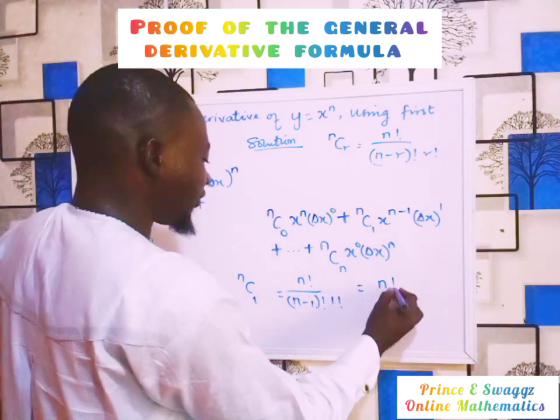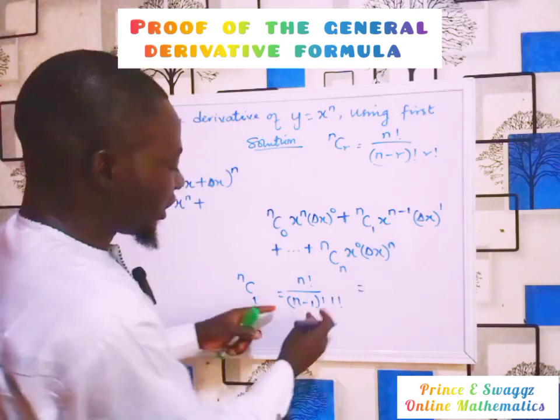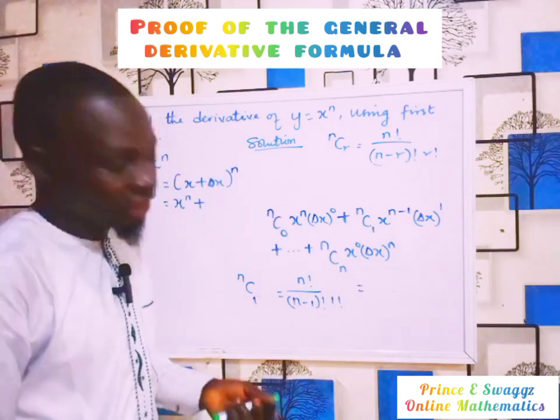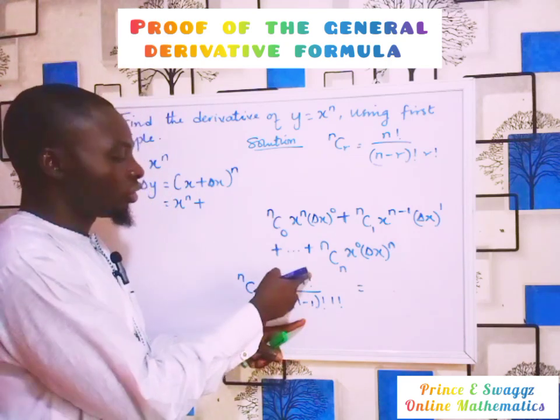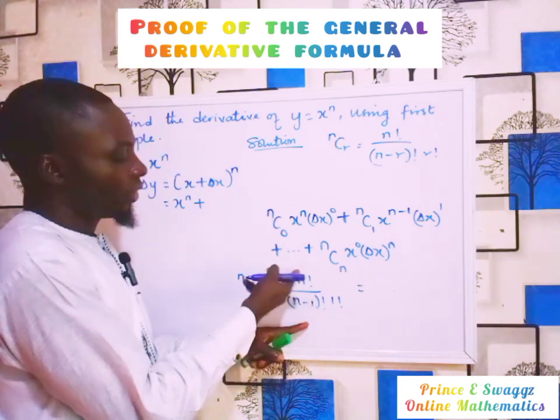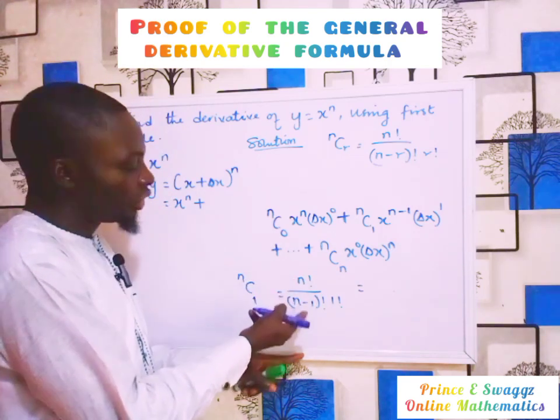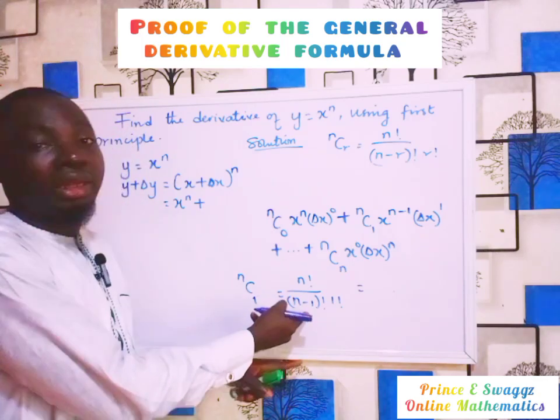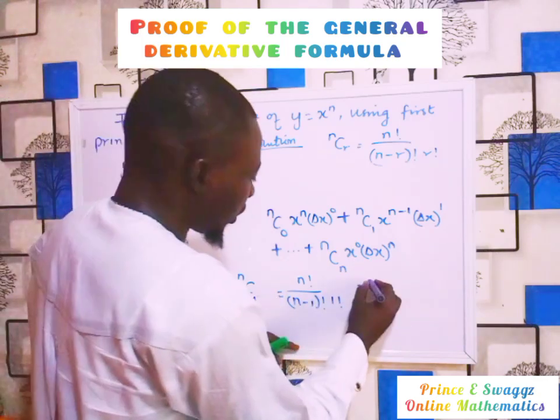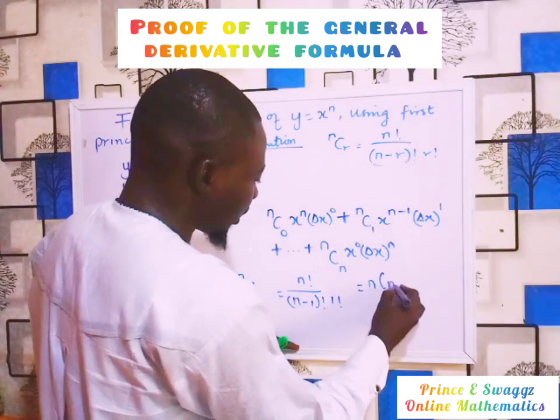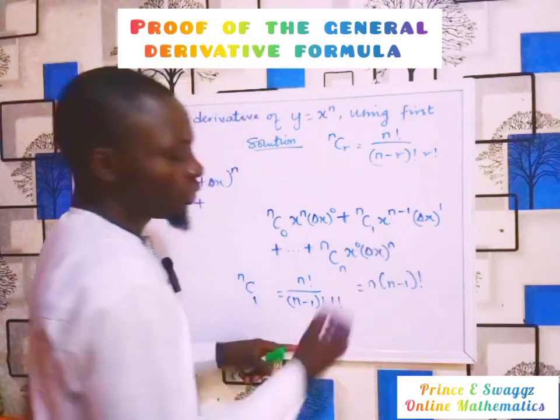And that's your n factorial. You see that here, n minus 1 cannot minus themselves. But for us to terminate this factorial, this n factorial can be reduced to n minus 1 all factorial. And that will give us n open bracket n minus 1 all factorial.